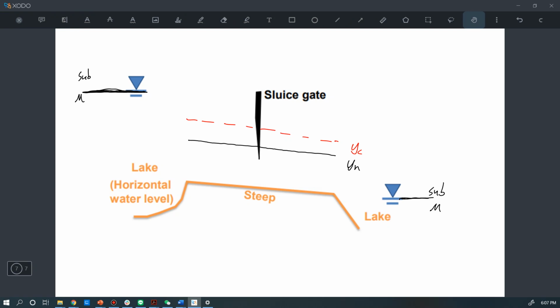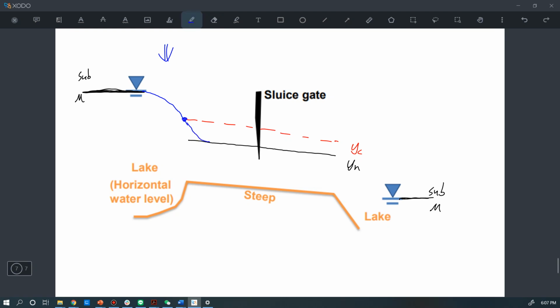For this transition area, the water will try to flow down to this normal depth.